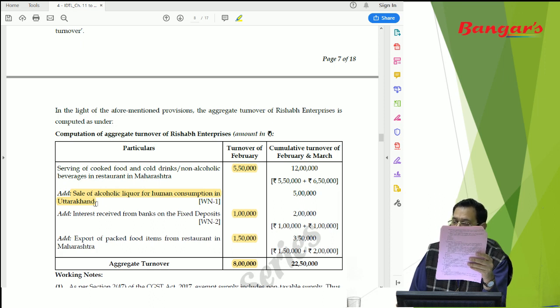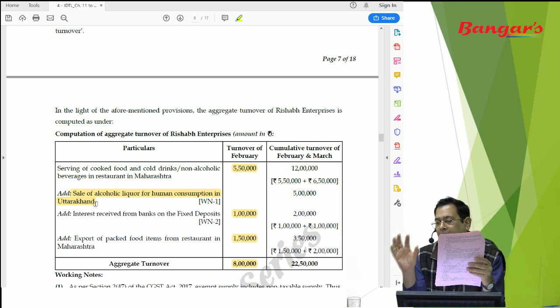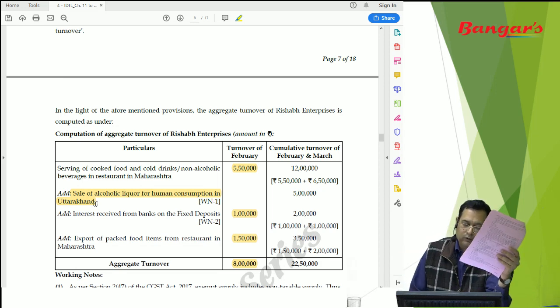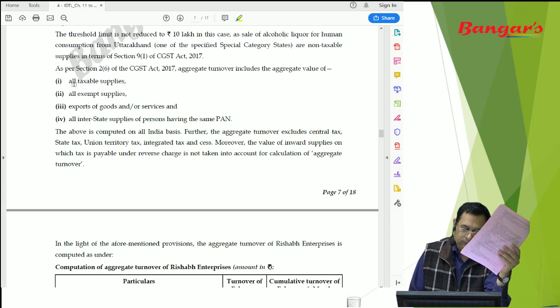But the same will be counted for computation of aggregate turnover, since exempt supplies include non-taxable supplies also. In aggregate turnover, all taxable supplies, all exempt supplies, goods and services, exports of goods and services, and all interstate supplies of a person having the same PAN are to be seen.